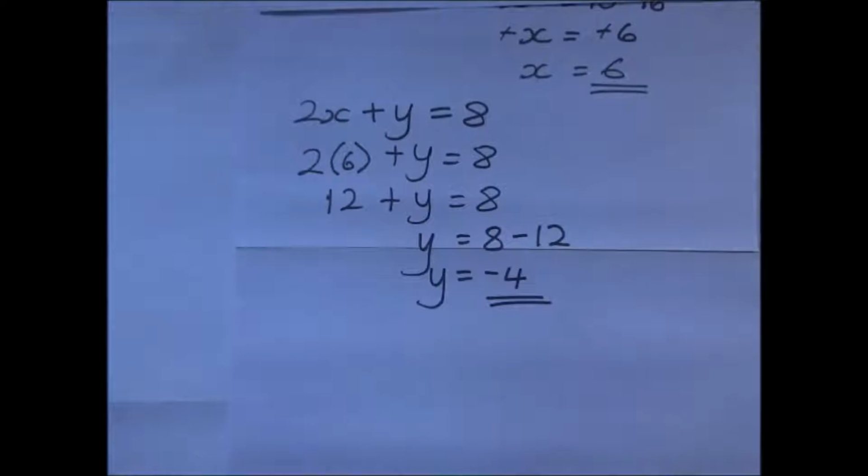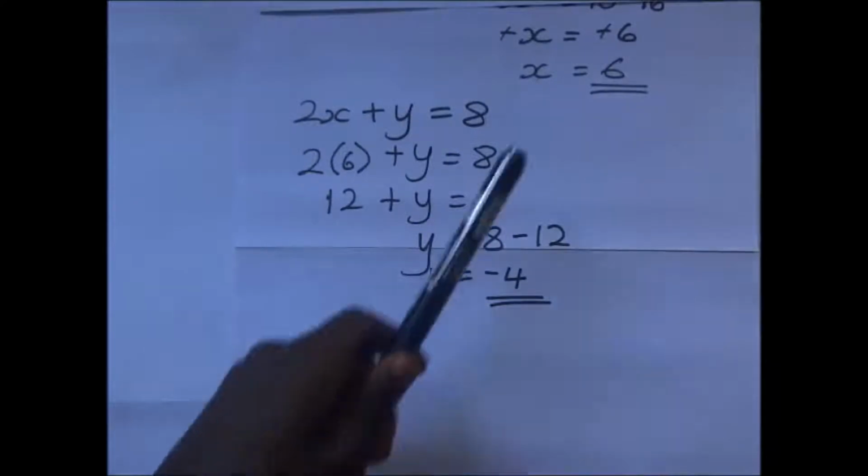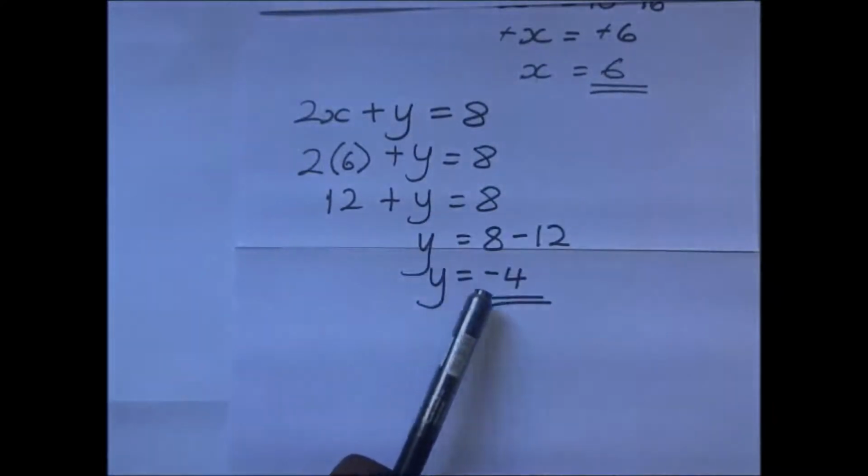So from here we can simply see that our value of x is 6 and our value of y is -4. And that is how we find the values of the variables in a simultaneous equation using the substitution method.